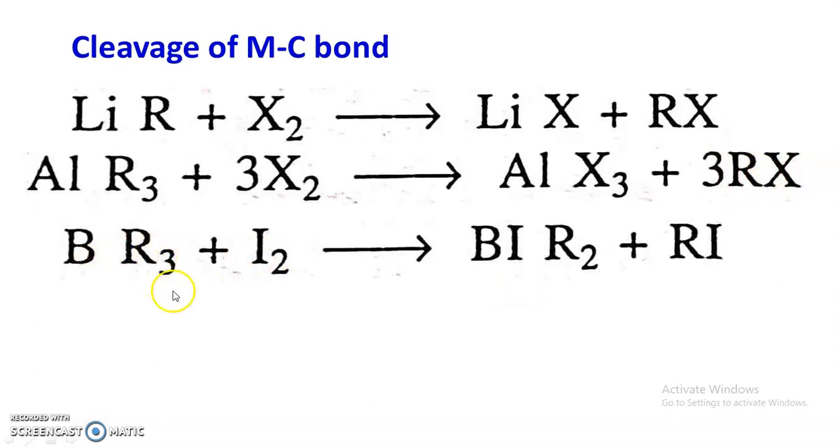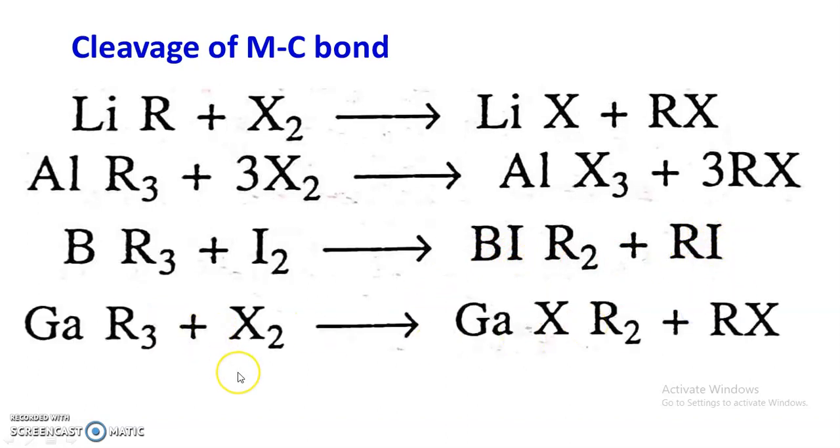Similarly, trialkyl boron, when treated with iodine, there is a breaking of the alkyl-boron bond, and one of the alkyl groups is replaced by iodide. At the same time, there is a formation of alkyl halide.